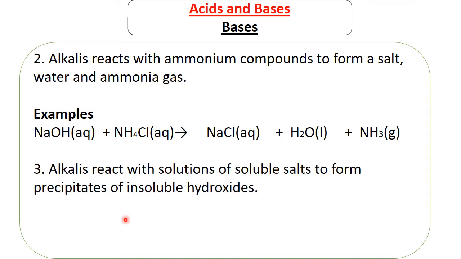Alkalis react with solutions of soluble salts to form precipitates of insoluble hydroxide. If you get an alkali, remember an alkali is soluble, so its aqueous solution might be a uniform mixture, which is a mixture where you cannot distinguish the different parts that make up that mixture. So you might have something like clear water, and you mix it with solutions of soluble salts, which might also appear clear.